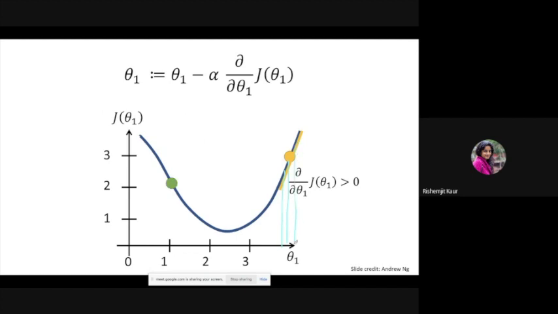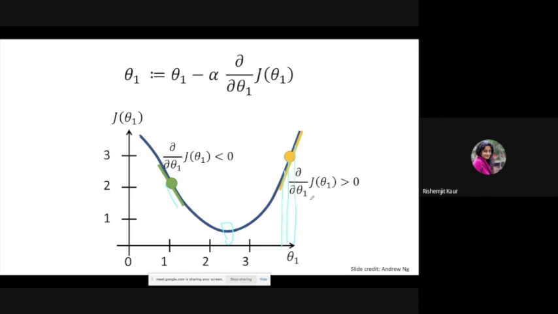Then we find out where we have to move. If we start from here, this is the direction it will go. If we start from here, then this is the direction it will go. So it also depends upon where you are starting from. But it will go towards the direction of the minimum, the minima.